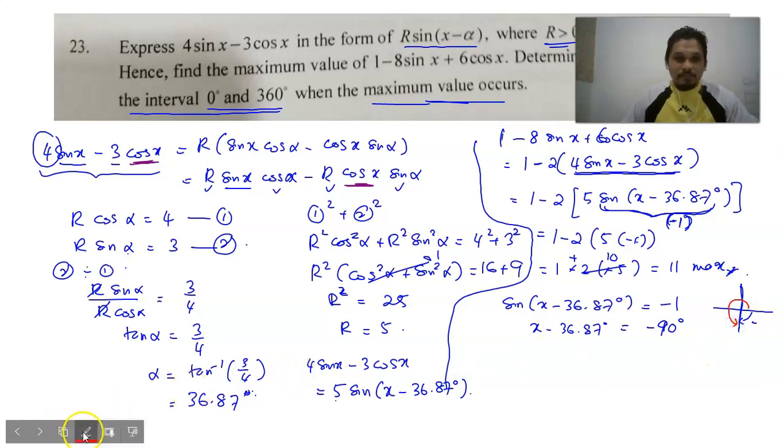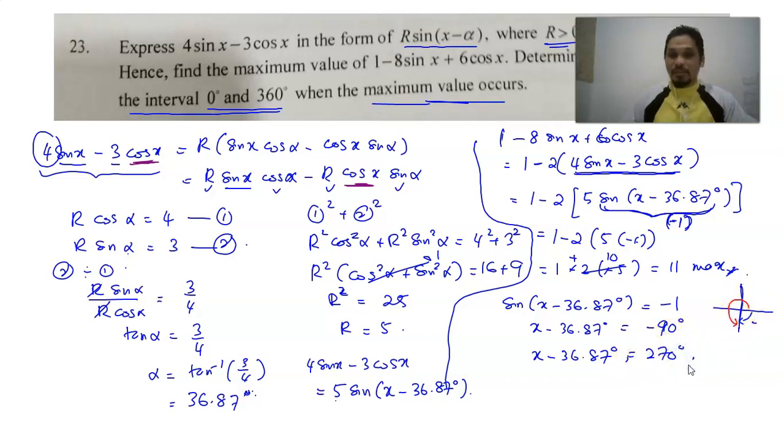So it means that x minus 36.87 degrees equals 270 degrees. Sine of any angle equal to negative lies in the third and the fourth quadrant, because sine positive lies in the first and the second quadrant.